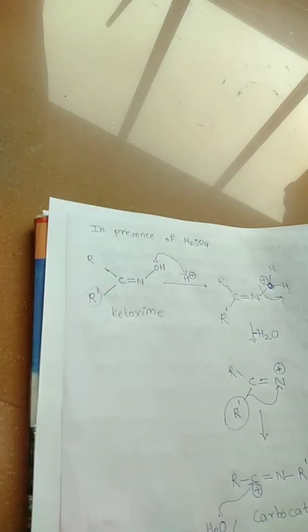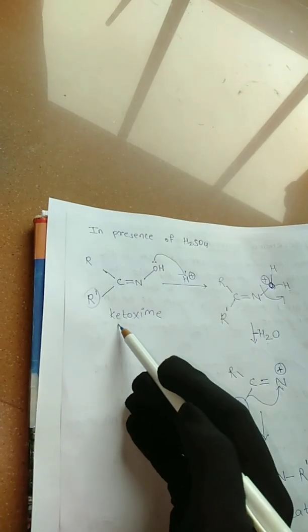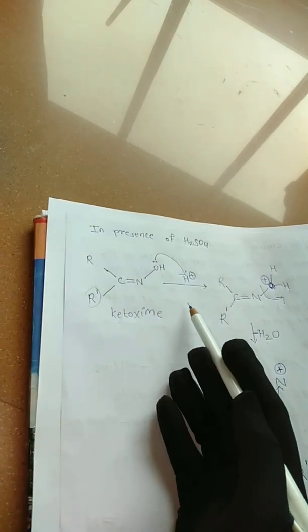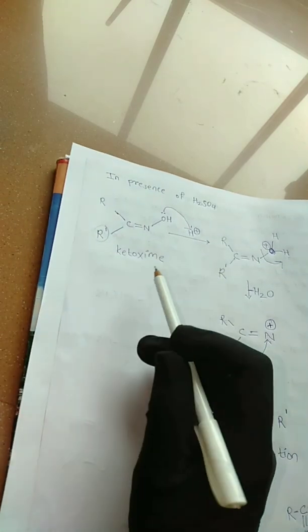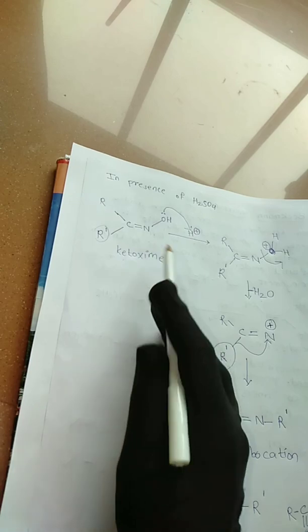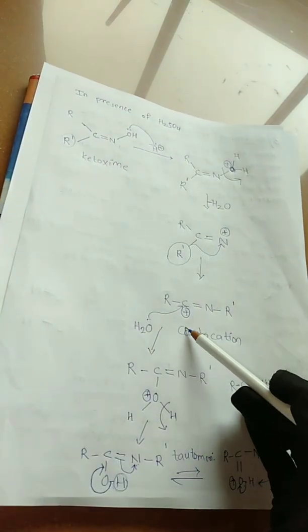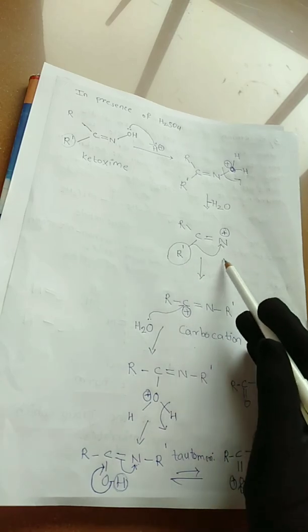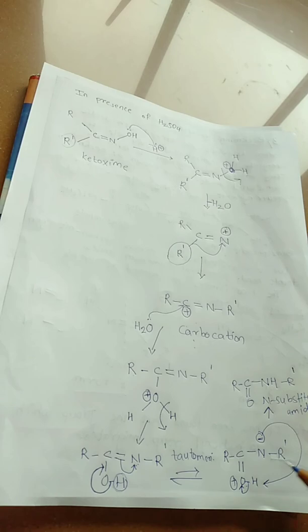Just remember that when you take ketoxime in the presence of H2SO4, the group which is anti to the hydroxyl group will migrate only, and after the migration what you will have is a carbocation.